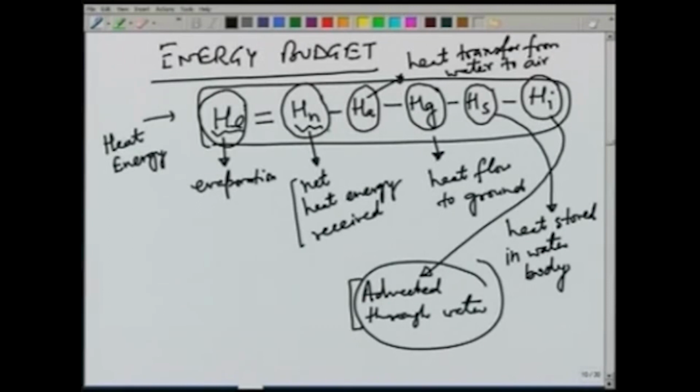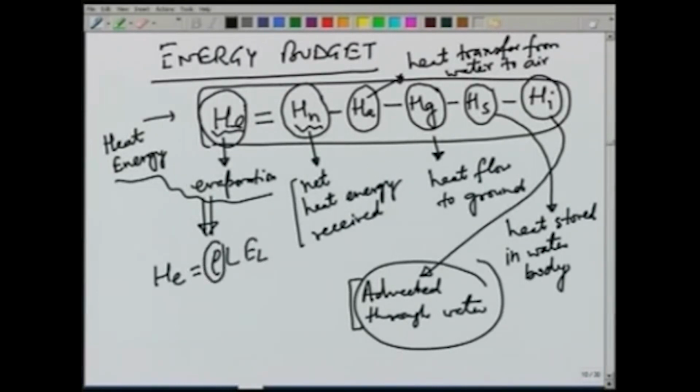So if we know all the quantities other than He, we can obtain the value of He, and the amount of heat energy used for evaporation can be used to obtain the lake evaporation. So if we know the He value, then it will depend on how much lake evaporation we have.